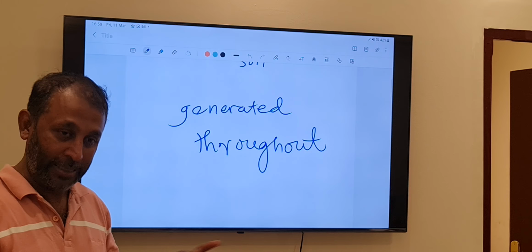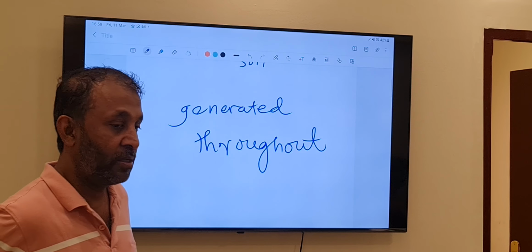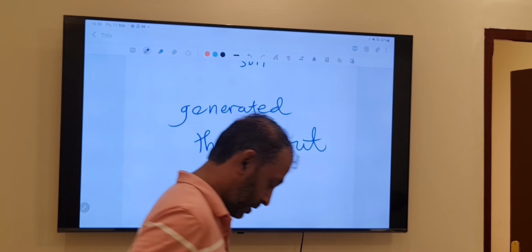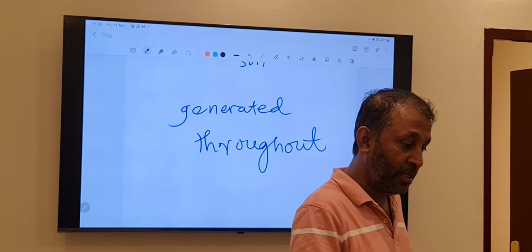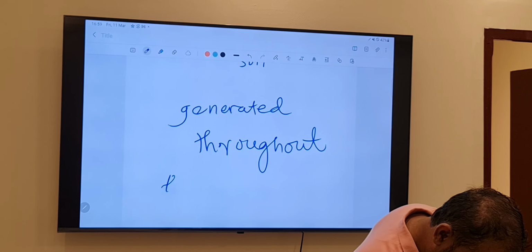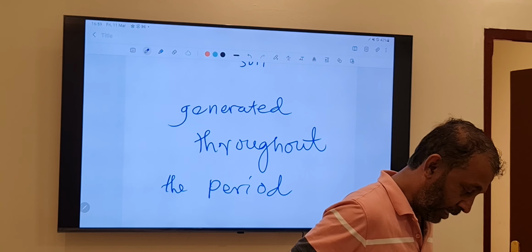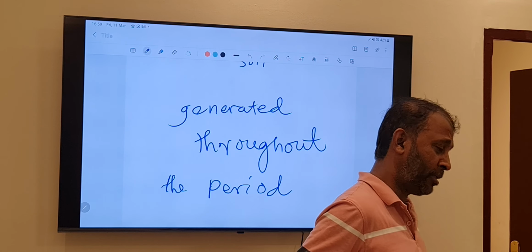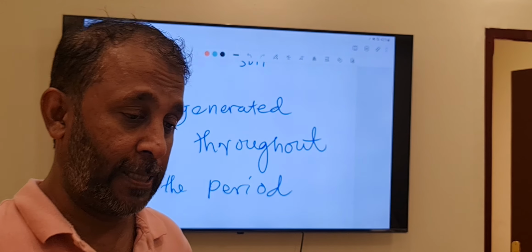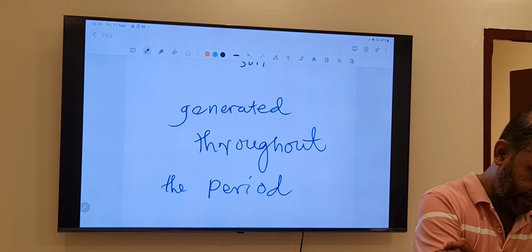Another word for throughout is during. During the period, throughout the period, in operation of the business.